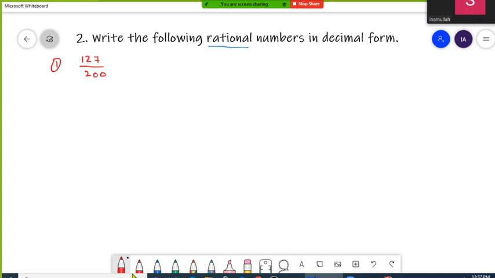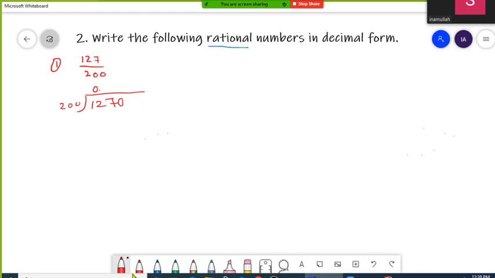Simply, write 127 as the dividend and 200 as the divisor. When I divide 127 by 200, we know 127 is less than 200, so we cannot divide this. So here I'll take 0 point, and here we can add 0.